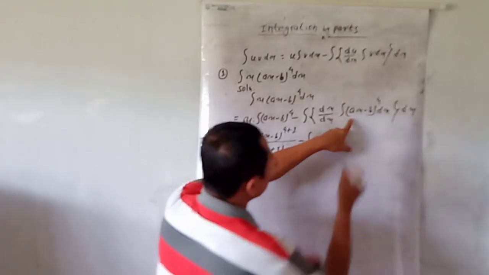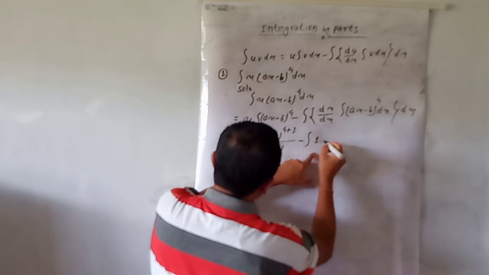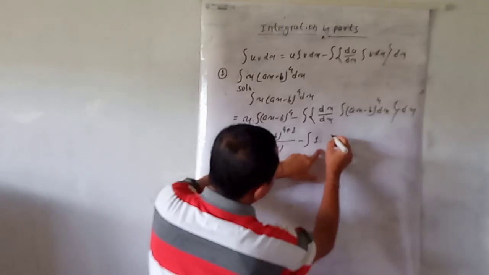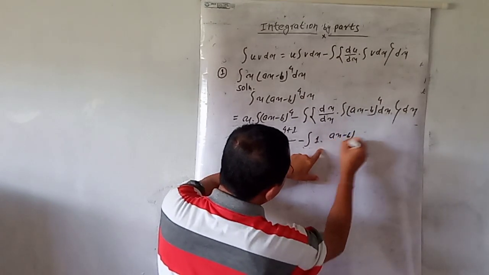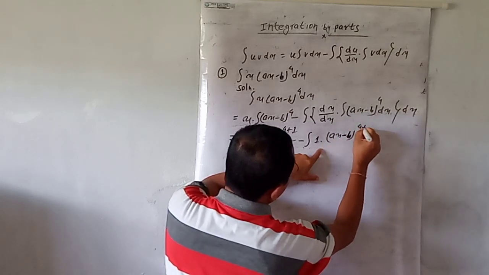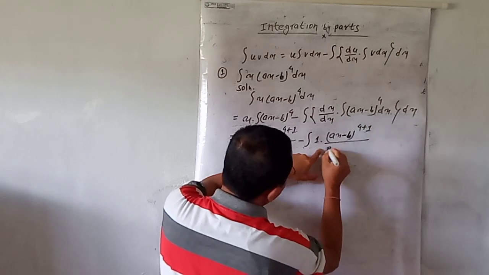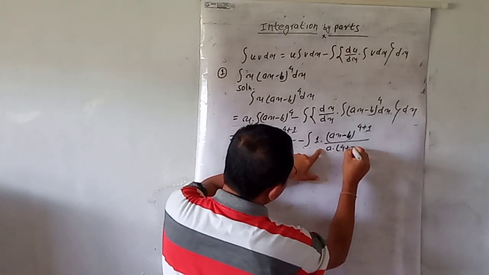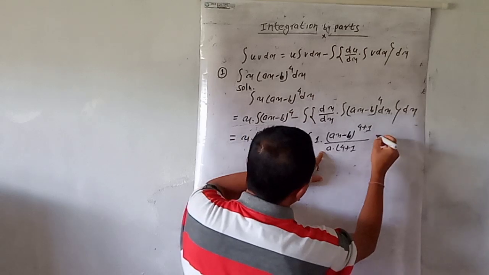Now the integration of (ax - b)^4 is done in a similar way: (ax - b) to the power 4 plus 1, by a into (4 plus 1), dx.